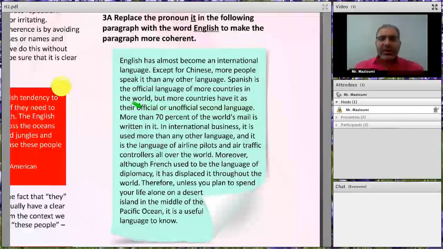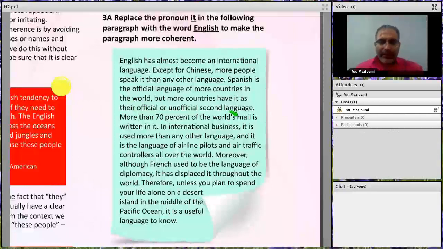Everyone, in our country, the official language is Persian. So Persian is an official language. What about Turkish? What about Kurdish? Well, Turkish, Kurdish, guys, these are unofficial languages. Okay, so Persian is the official or formal language in our country.